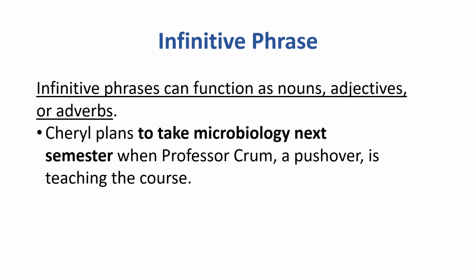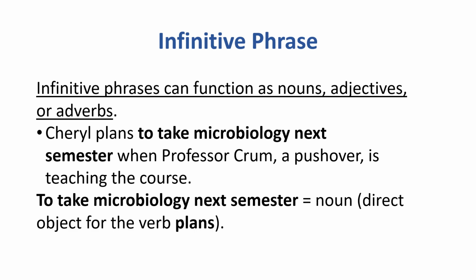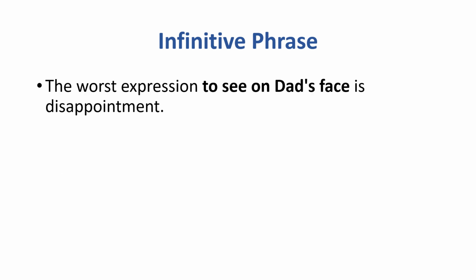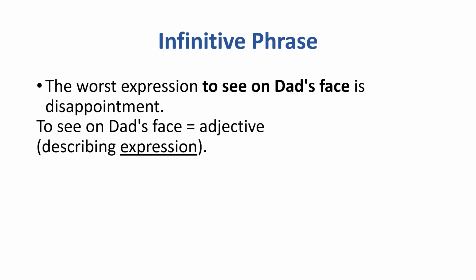For example, Cheryl plans to take microbiology next semester when Professor Crumb, a pushover, is teaching the course. To take microbiology next semester is a noun, which is basically the direct object for the verb plans. Then, the worst expression to see on Dad's face is disappointment.